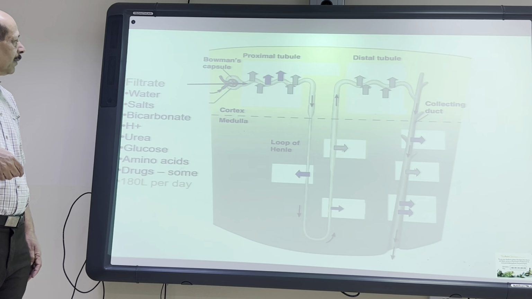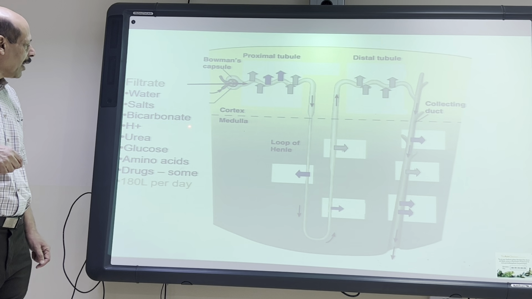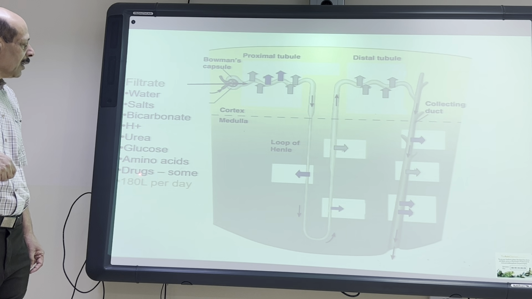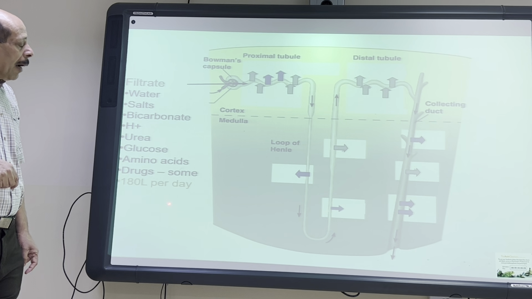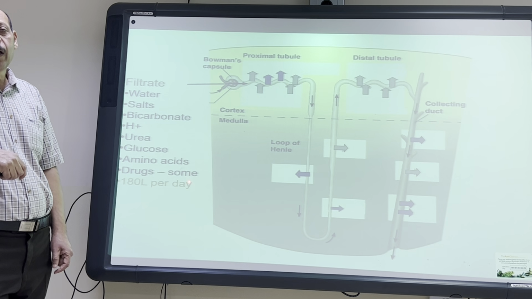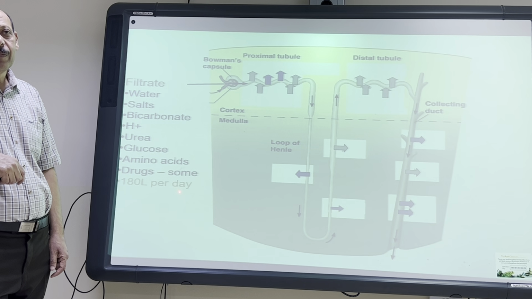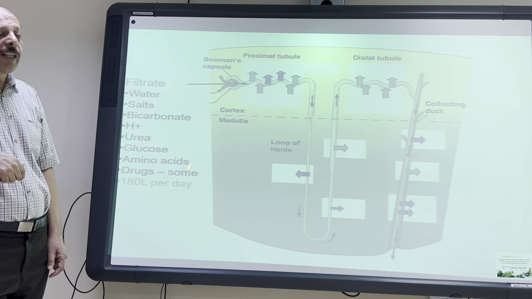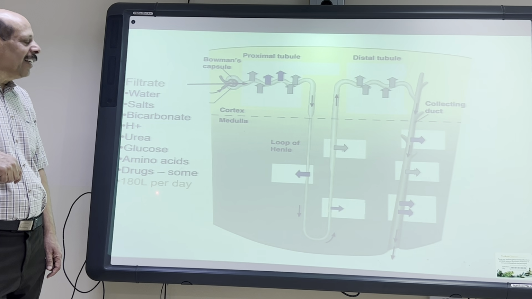So this is the blood. The filtrate, as we said, contains water, salt, bicarbonate, hydrogen, urea, glucose, amino acids, and also some drugs that we have. About the amount of filtrate each day, it is very high, around 180 liters per day.